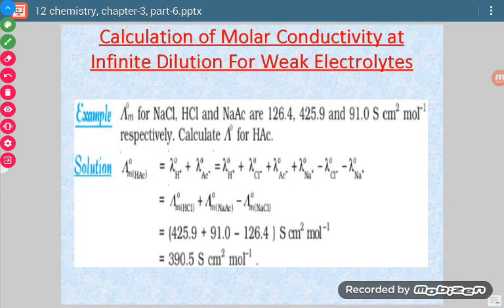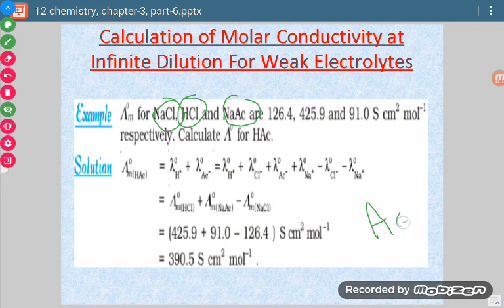Now, first application: how to calculate the limiting molar conductivity of weak electrolytes. Here, limiting molar conductivity values of three salts are given: first for NaCl, then for HCl, and third sodium acetate. Don't get confused in this.